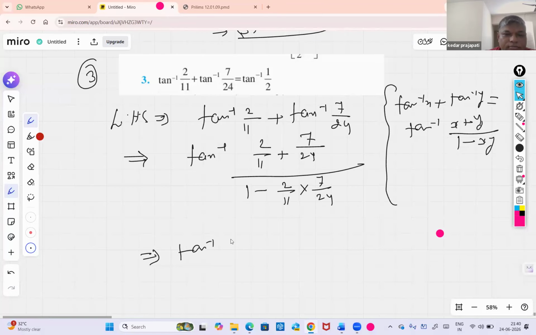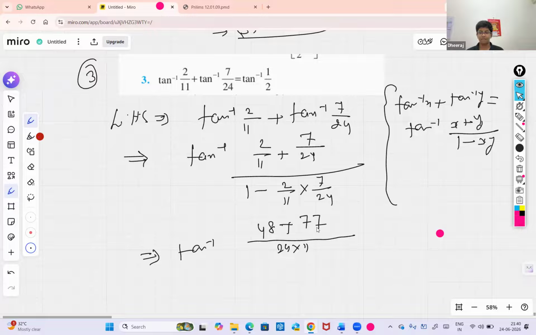Now we just have to simplify. It is 24 by 11, 24 into 11. So 24 into 2 is 48, plus 77.